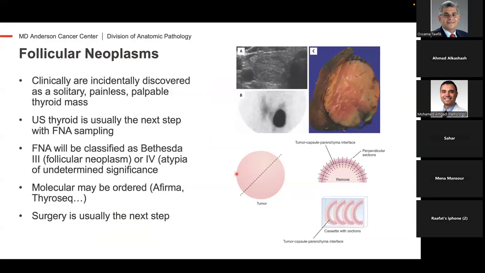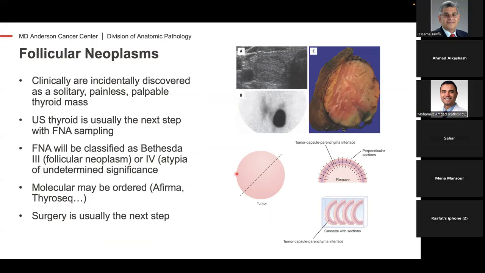So follicular neoplasms, clinically, usually these are indolent. These are very slow-growing neoplasms. They are incidentally discovered as a solitary, painless thyroid mass.